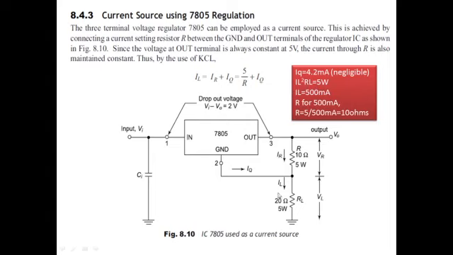RL is 20 ohms and you do not know IL. So IL square RL is equal to 5, with RL substituted as 20 and power equal to 5. When I substitute in this equation, you get IL equal to 500 milliamperes. That is the current required by your load resistance.